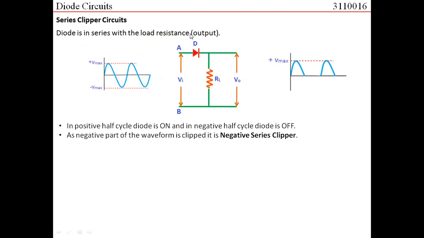So this is an example of a series clipper. And if we see the output, the negative part of the waveform is clipped, and the positive part is available, and hence we would call it a negative clipper. So combinedly, this is an example of a negative series clipper. I'm sure you are getting this.